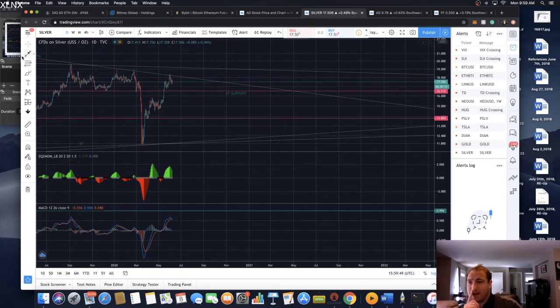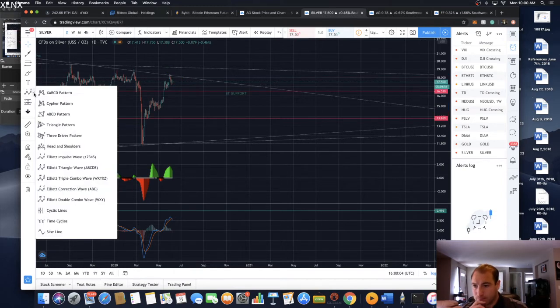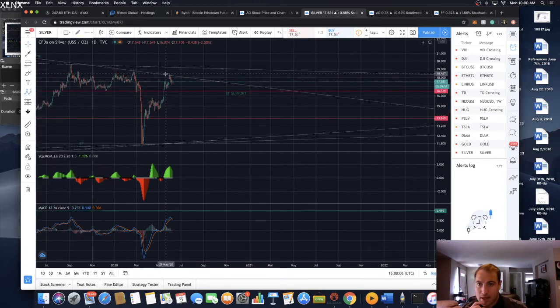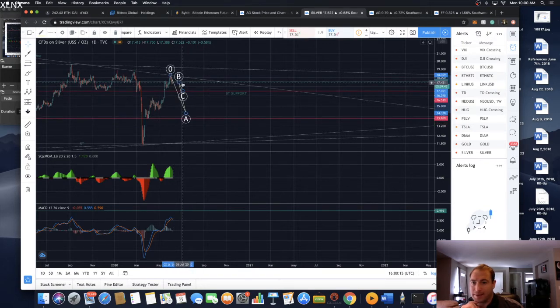And if it does crash and it wants to come down, I'm going to draw this little. It can either do something like, oh crap. I'd either do something like an ABC here, and then come up, or depending on how bad it is, it's not crazy.